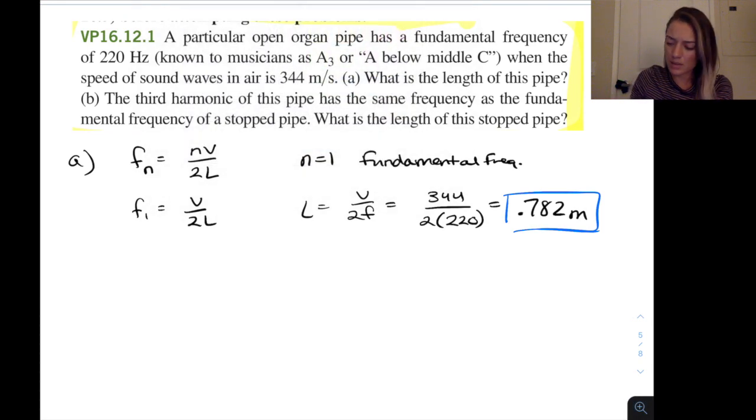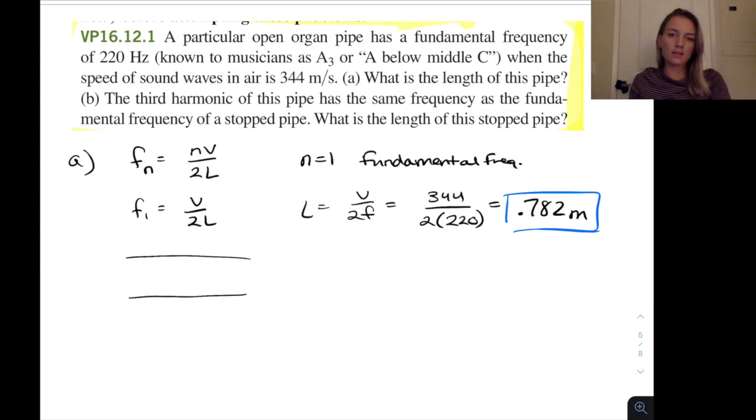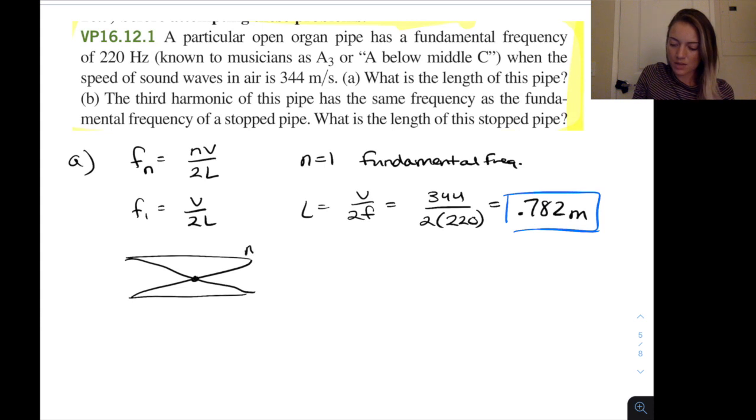Another way you could think about this is when we have an open pipe, it's going to look like that. And the fundamental frequency is basically fitting the minimum number of wavelengths into it, which is 1/2 wavelength. Because we know that an open pipe is going to have an antinode at each end. So the fundamental frequency for an open pipe is going to look like this, where we have an antinode, node, antinode.